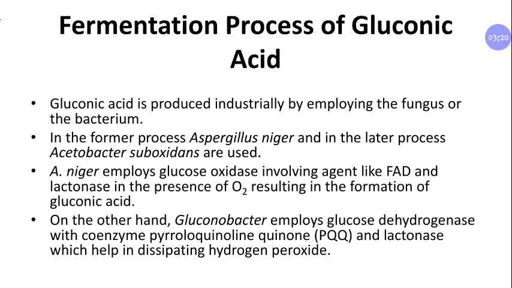On the other hand, Gluconobacter employs glucose dehydrogenase with the coenzyme pyrroloquinoline quinone, in short PQQ, and lactonase, which help in dissipating the hydrogen peroxide.